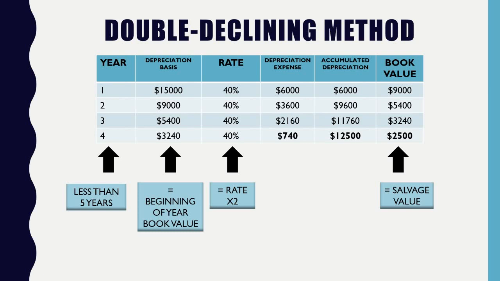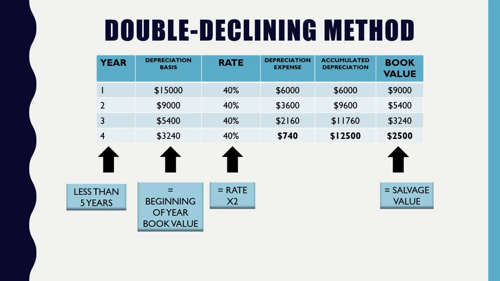Second thing is that your book value, or in this case, your depreciation basis, is going to be essentially the book value that you solve for every year, except for the first one, because the first one is going to just be your asset cost. But this is why we need to start with our depreciation basis. It is going to be the beginning of the year's book value, okay?